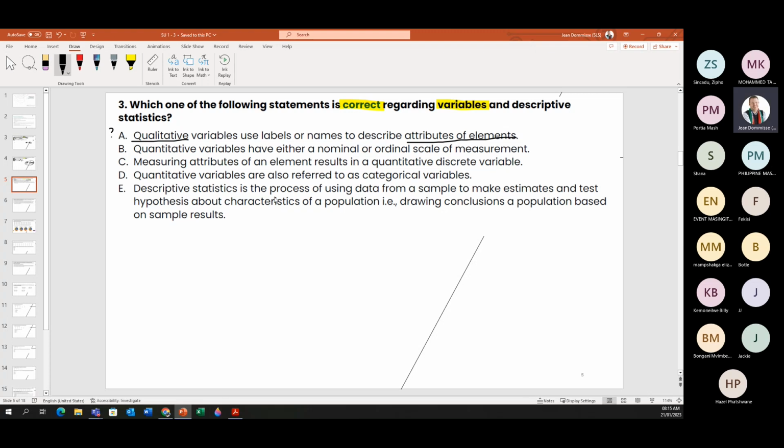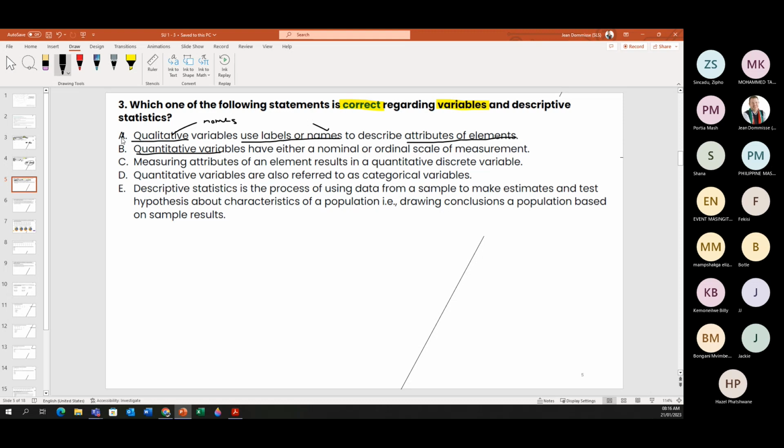I think that is correct, but let's go through the other ones as well. Quantitative variables, quantity. Remember, qualitative is around names. So that's why that is actually correct. Let's just say from the start, it is correct.